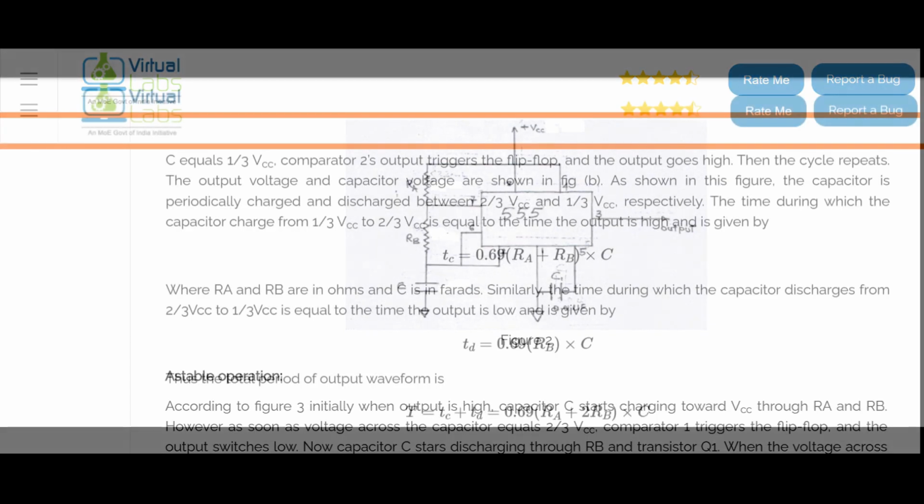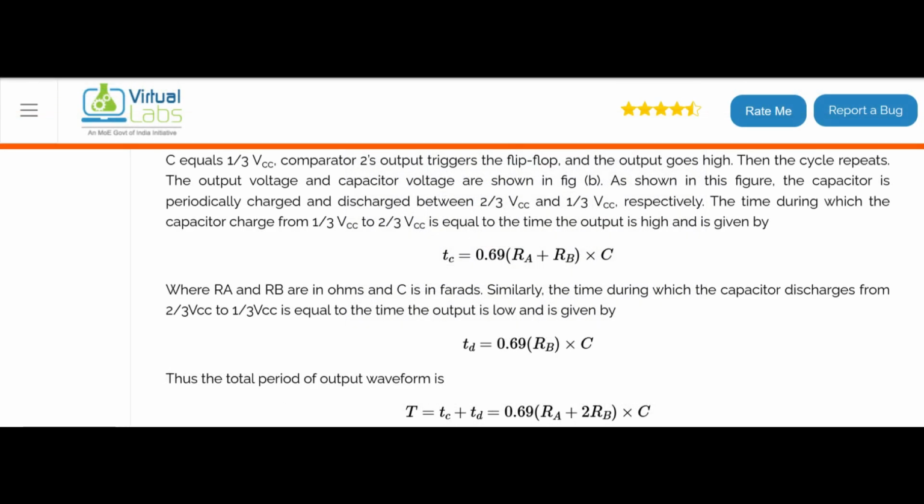When the voltage across C equals 1/3 VCC, comparator 2's output triggers the flip-flop and the output goes high. Then the cycle repeats. The output voltage and capacitor voltage are shown in Figure 3. As shown in this figure, the capacitor is periodically charged and discharged between 2/3 VCC and 1/3 VCC, respectively.